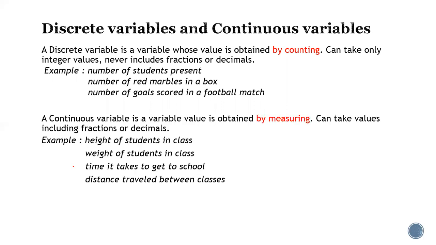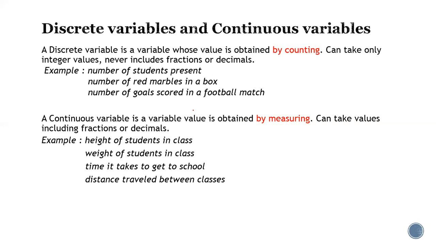And next, a continuous variable. A continuous variable is a variable whose value is obtained by measuring. So different with discrete variables. If discrete variables, we could obtain the data through counting, but continuous variable, we got the data through measuring. And continuous variable can take values including fractions or decimal numbers.